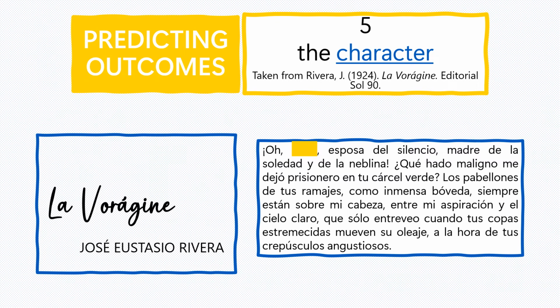Okay, number 5. Who are we talking about? The character. Is it a she or is it a place? In this sample, I bring you a part of that marvelous novel, La Vorágine de José Eustasio Rivera.